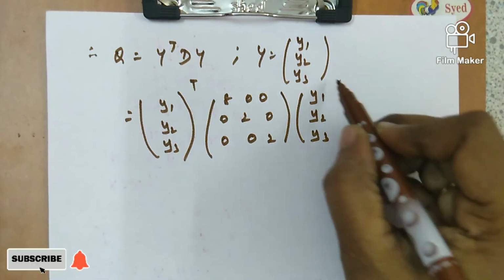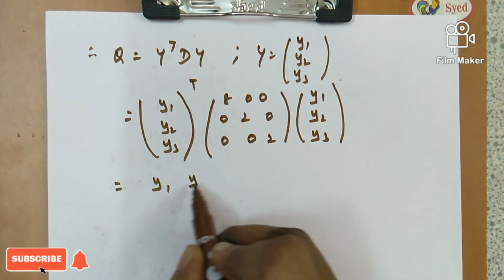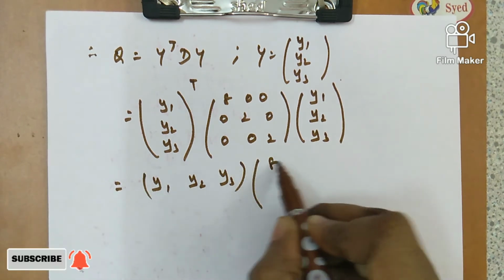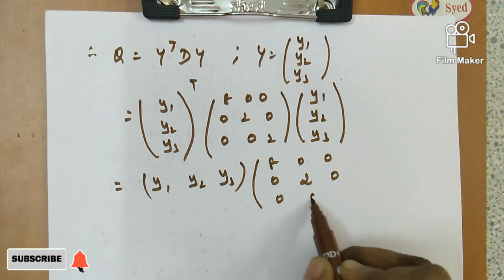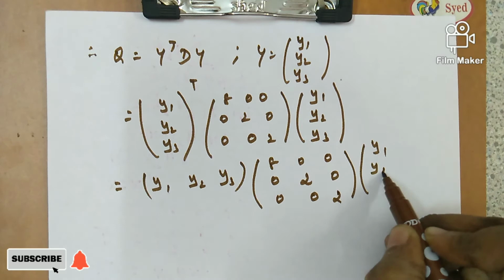When you take the transpose of a column vector, it becomes a row. So y1, y2, y3 into 8 0 0, 0 2 0, 0 0 2 into y1, y2, y3.